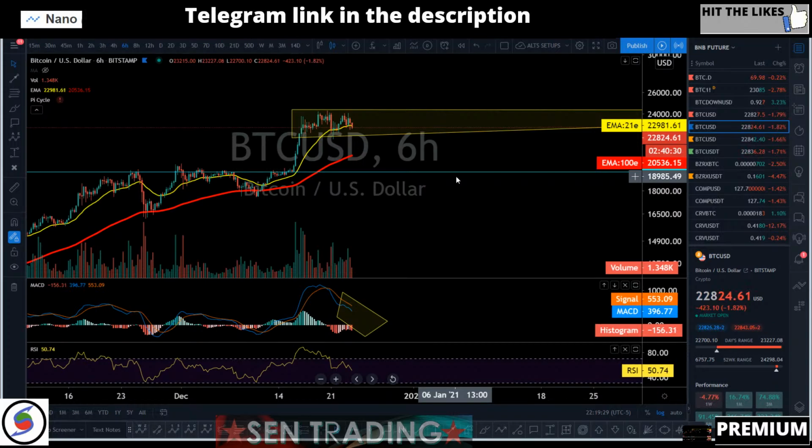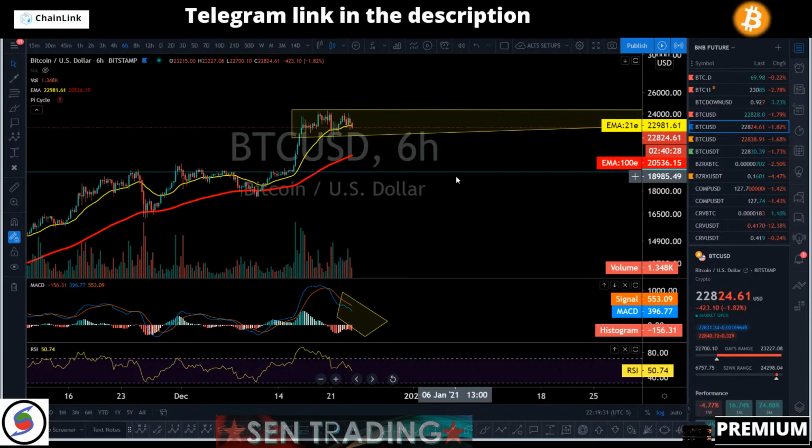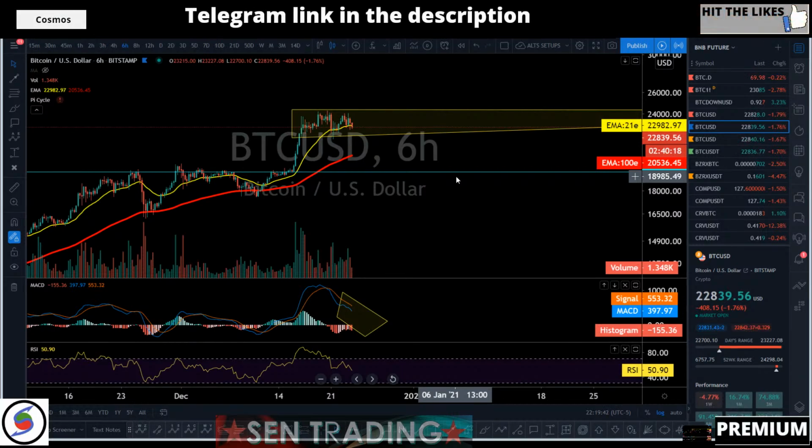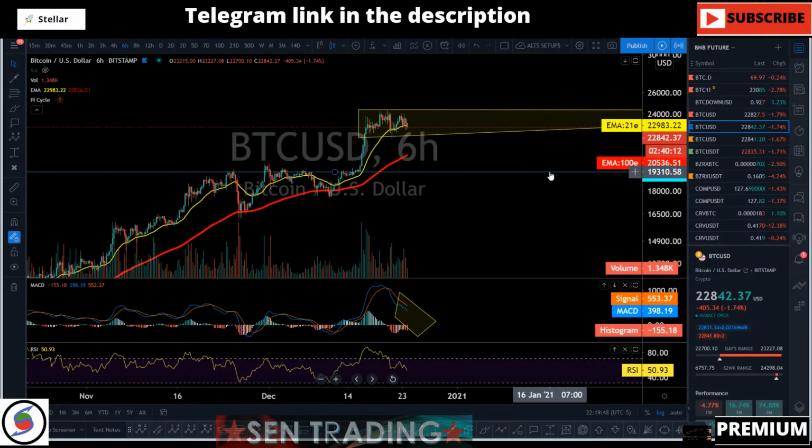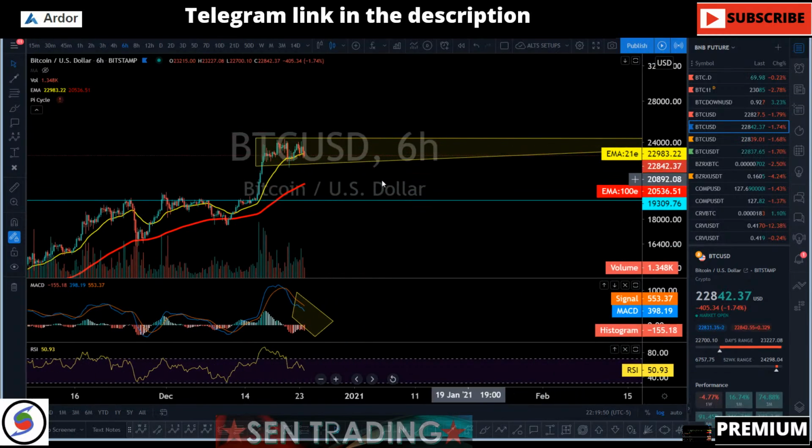So as you can see, the market is not looking so great, but Bitcoin is still holding very strong, just above 22.8. So we're looking for a possible support at the 21 EMA on a 6-hour basis or on the 8-hour basis.